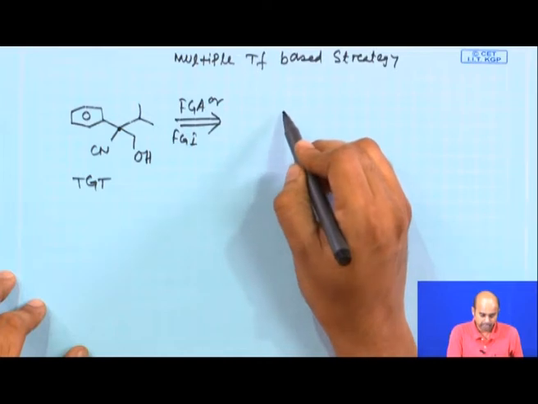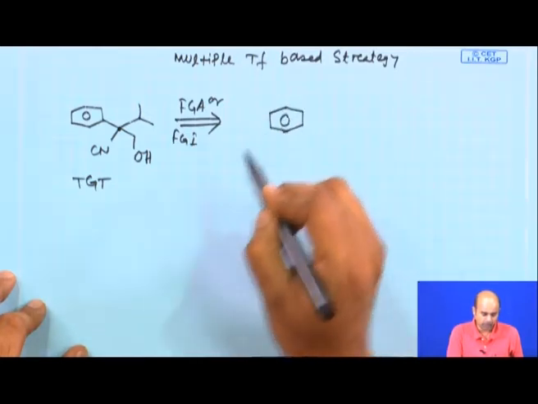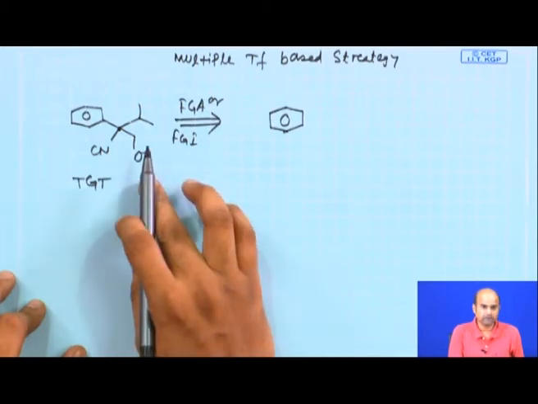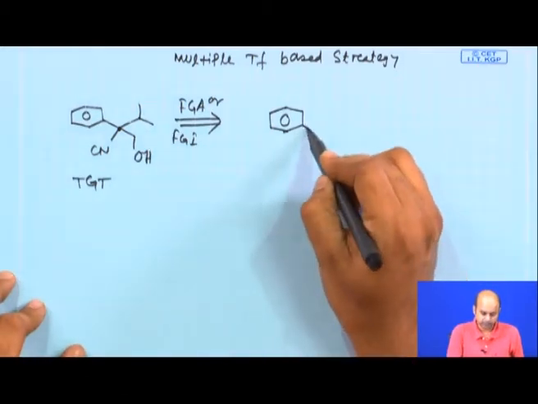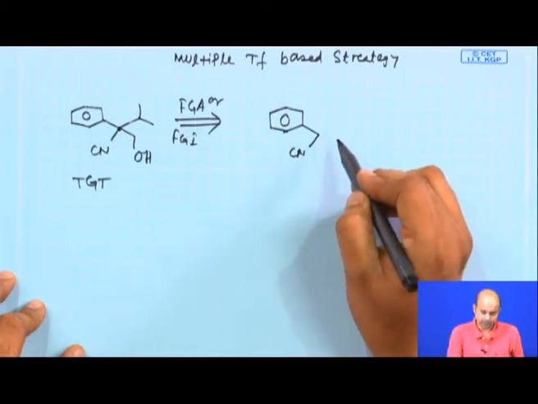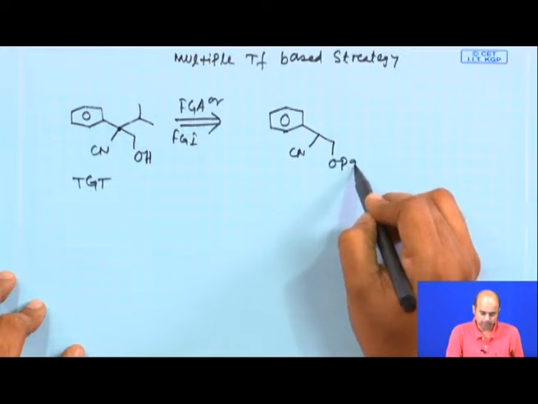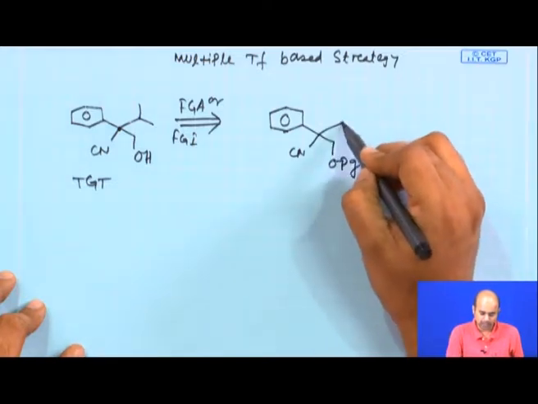Now, if we find an alcohol in the target molecule, it means that the alcohol needs to be protected. Normally we have not discussed alcohol protection, but we will do it a little bit later on.